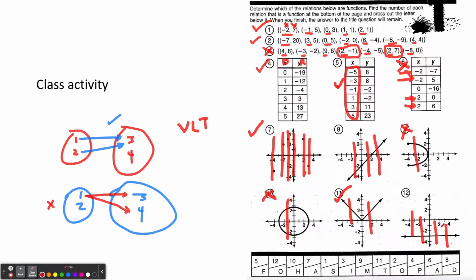Now, 12 is what we call a constant function. Look, everything in the range is -3. So the domain is -4, -2, 0, 2, 4, all the numbers between, and the domain all maps to -3. That would be like this one right here. So 1 goes to 3, 2 goes to 3, maybe 3 goes to 3.